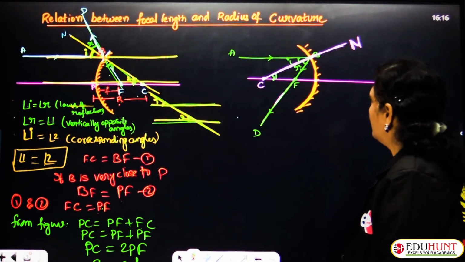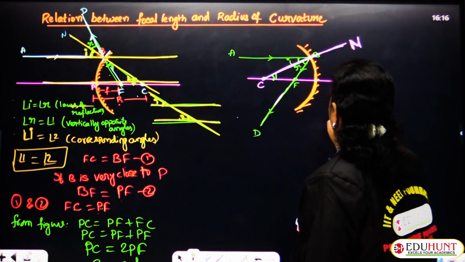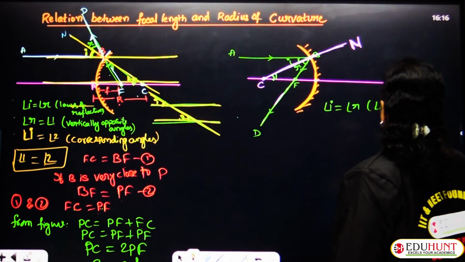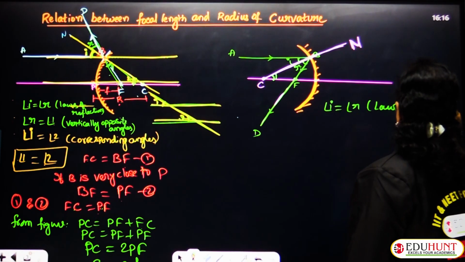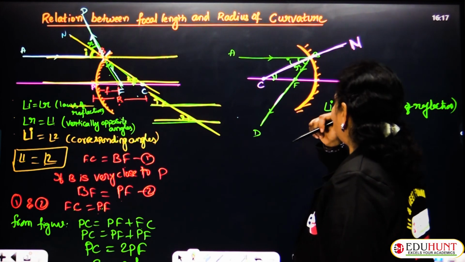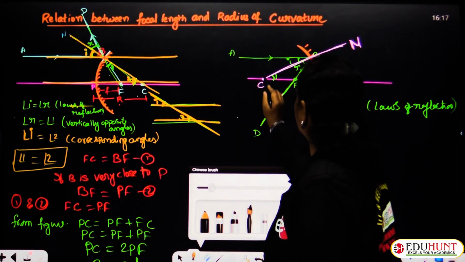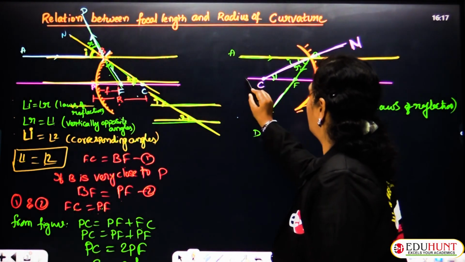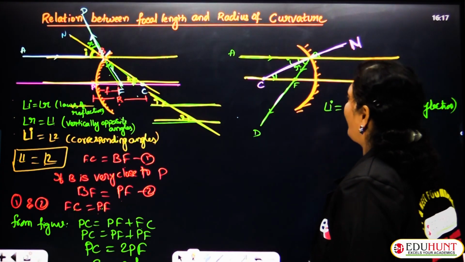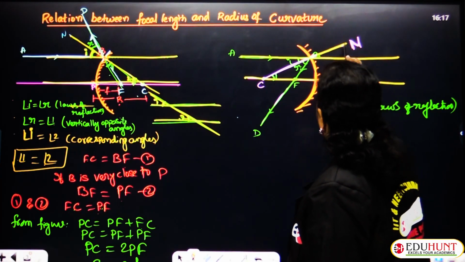From the laws of reflection, we know that angle I is equal to angle R. Also, if you observe the two lines carefully, if you produce the line AB and this is the other line CF, they both will be parallel to each other, and NC will be your intersecting line.